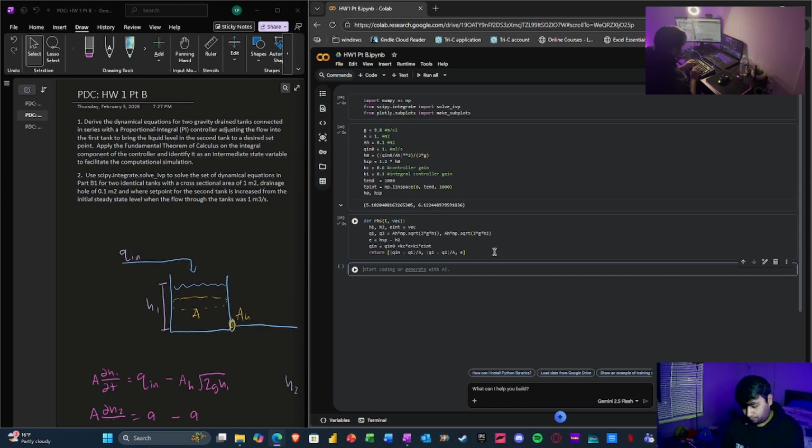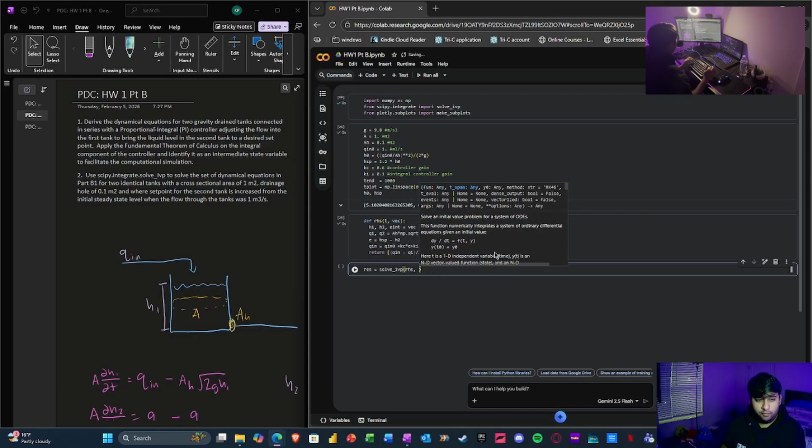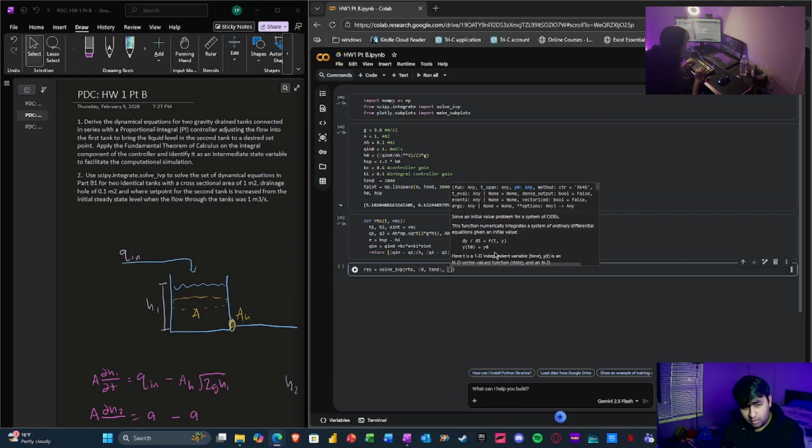And then almost done with the home stretch. We're going to do our solve_ivp, and this is just going to allow us to solve the equations and display it. So have that, and then we need, forgot if this is supposed to be brackets or parentheses, but we'll just try it out.